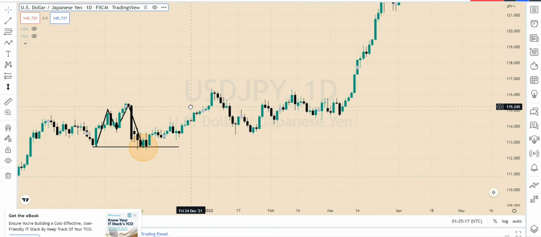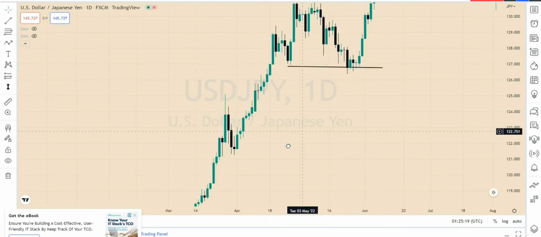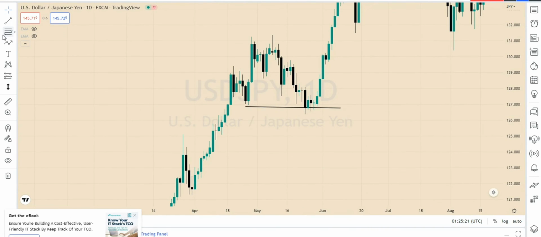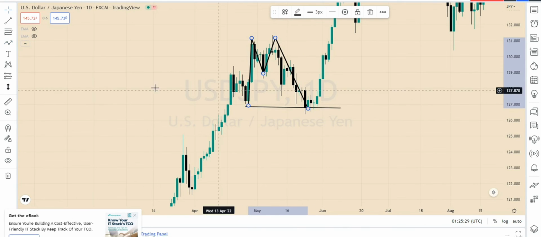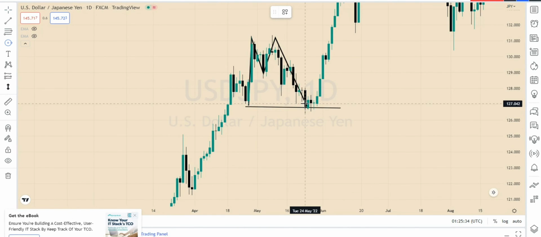Let's hunt for another example. All right, we have another example here. Here is an M. And same vein, this should be your point of interest.